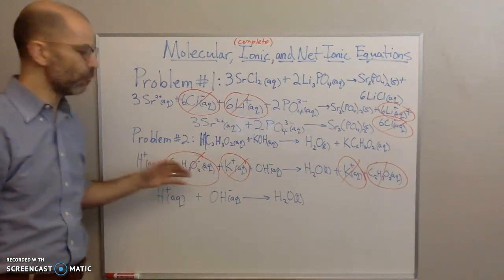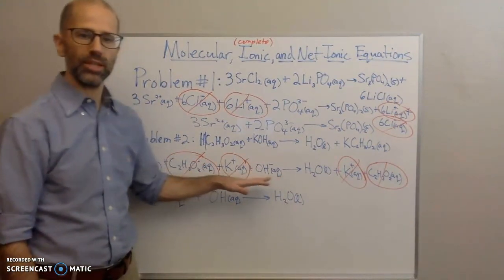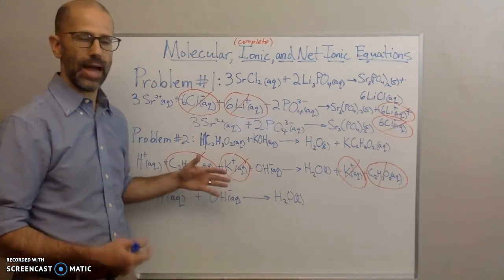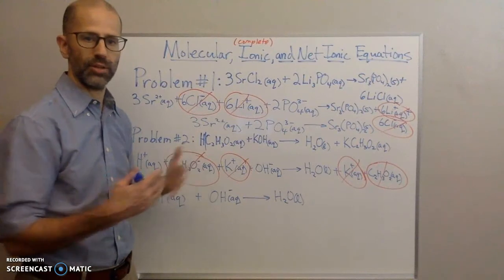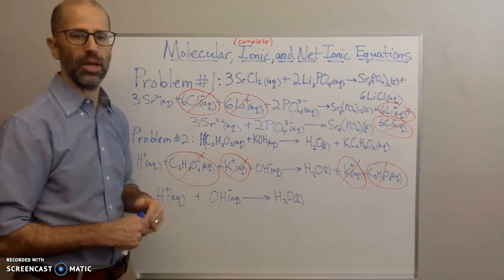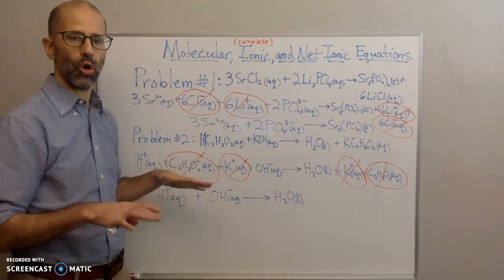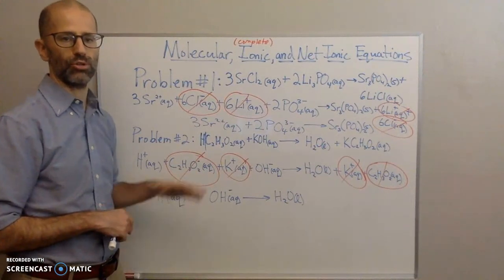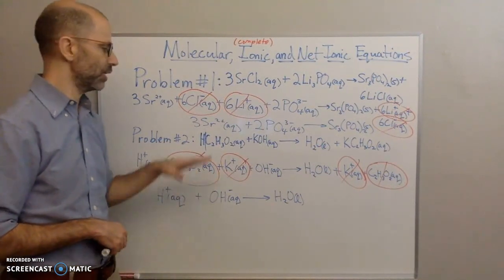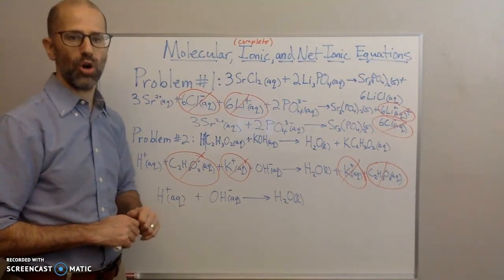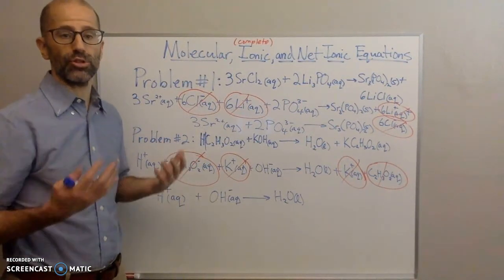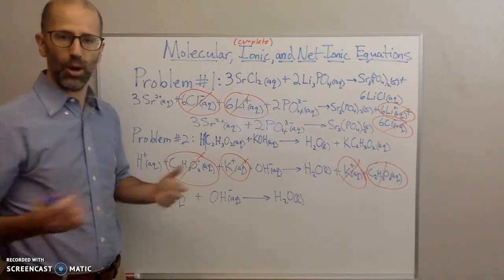And so everything would be a spectator ion. So in that case, there's no reaction because there's nothing coming together to form anything. So in that case, there would be no net ionic equation. So you just have a complete ionic equation and molecular equation, but there would be no net ionic equation if there's no reaction.